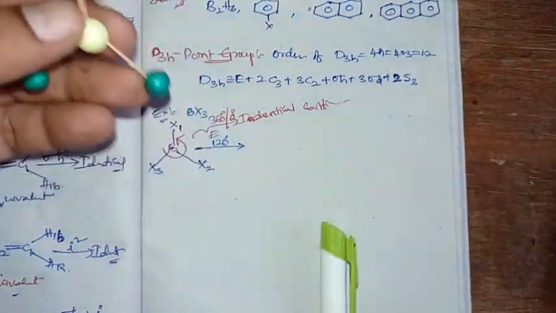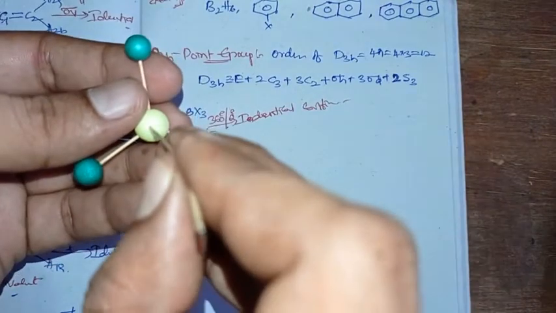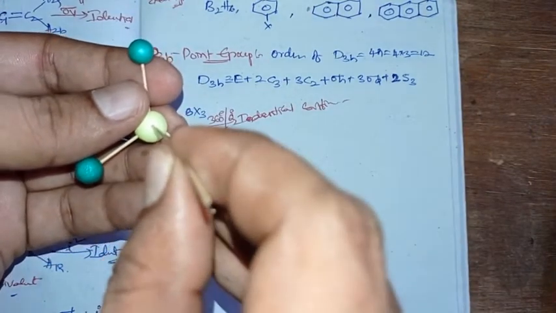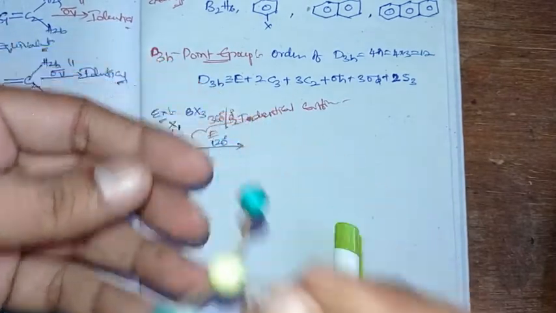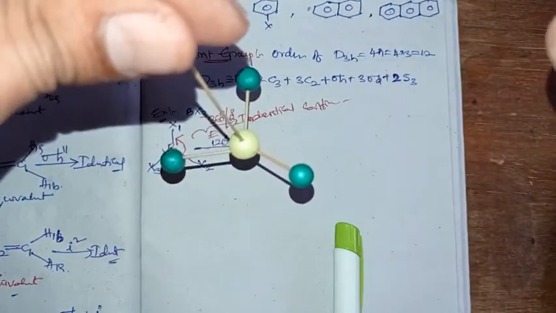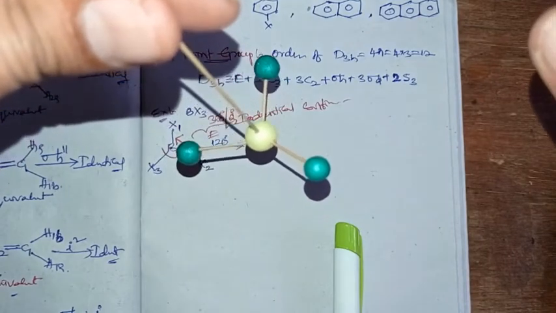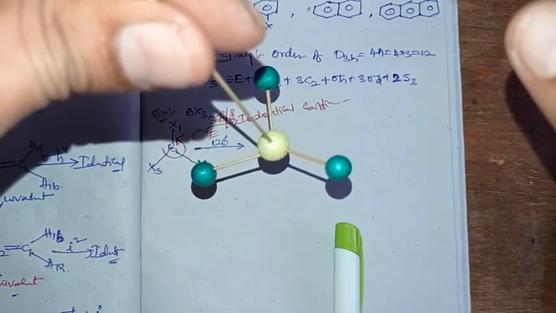So here is how we do the rotation. Taking an axis which is passing only through boron, when we do the 120 degrees of rotation, what happens?